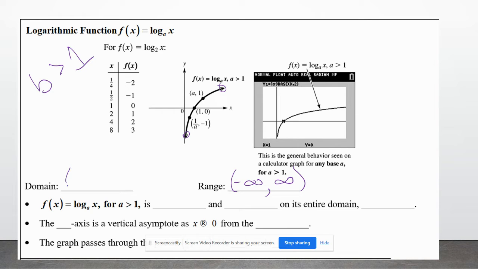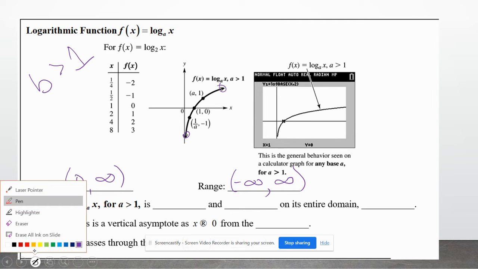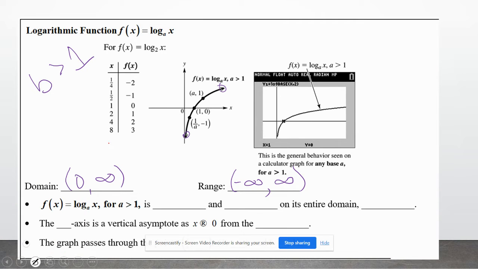This time our domain is affected by our asymptote. And our asymptote, just like on the exponential parent function, starts at 0, but this time it's x is equal to 0.